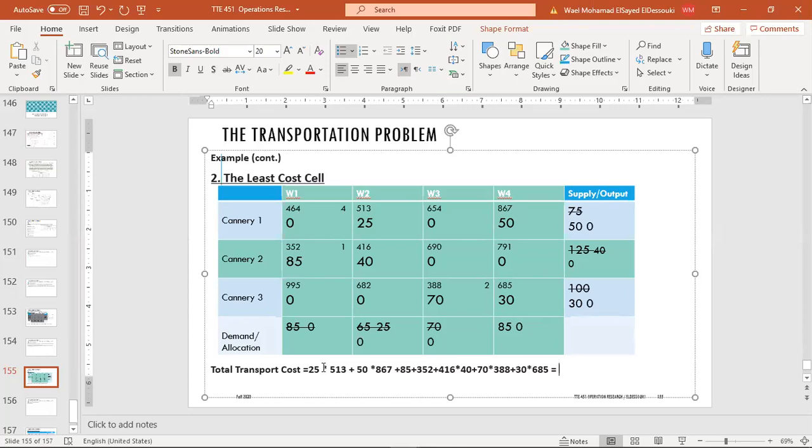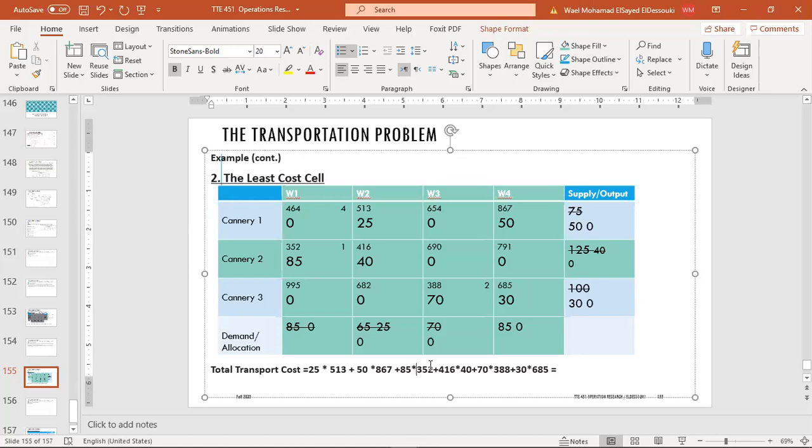Someone, do the calculation. Hold a second, there is a mistake here.